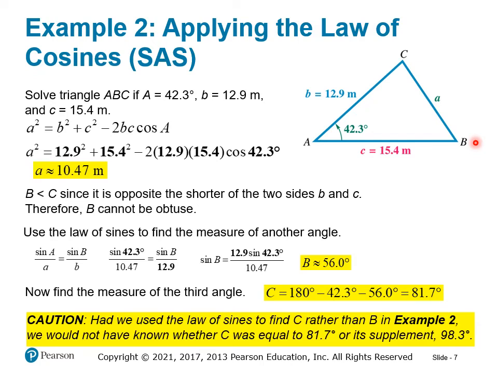Okay, so notice in this problem, had we used the law of sines to find C rather than B, we would not have known whether we should have used 81.7 or its supplement 98.3, which is in quadrant 2. 81.7 is the reference angle for 98.3 in quadrant 2.